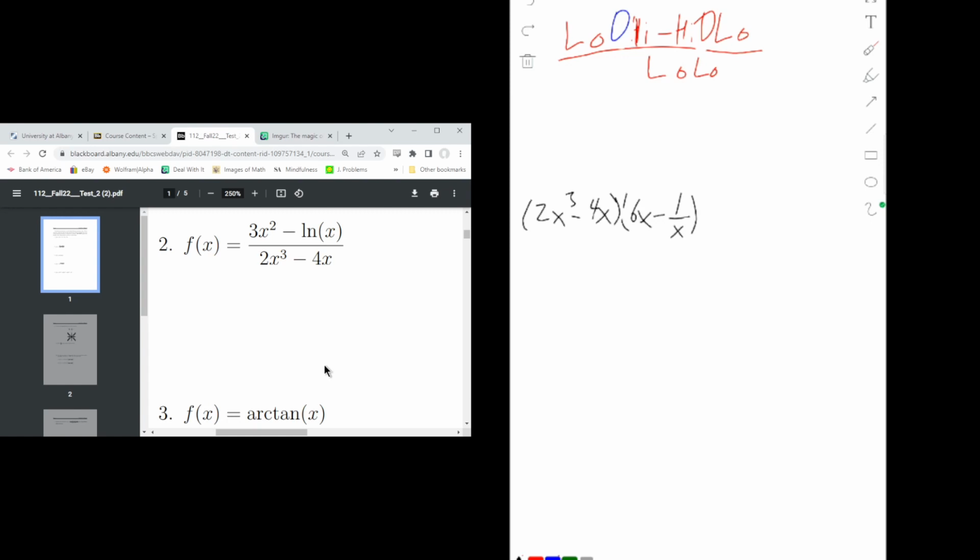All right, so this was low d high minus high d low. That's ln x there. D low will just be 6x squared minus 4, all over 2x cubed minus 4x quantity squared.